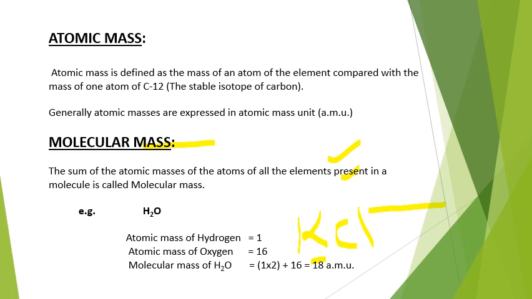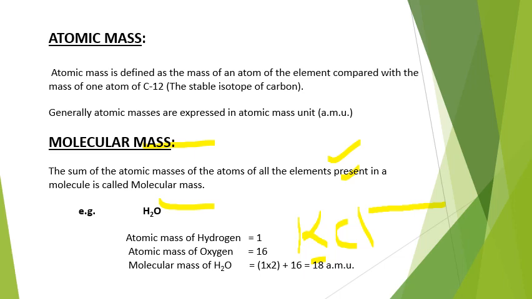As the name presents itself, atomic is for a single entity, while molecular mass is for a molecule, a molecular entity. Right? Now if we say water, what is the molecular mass of water? What I have to do? Here I find two elements in it.